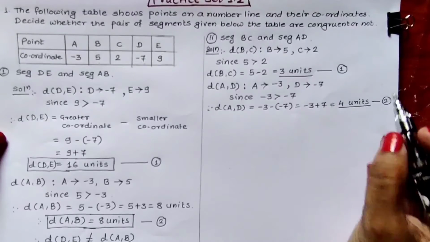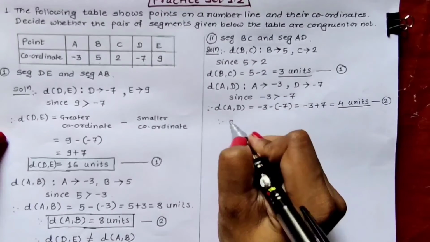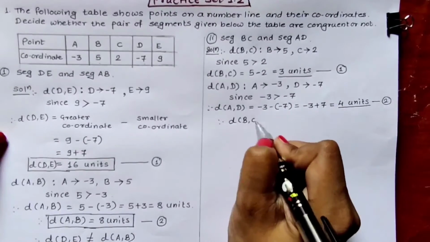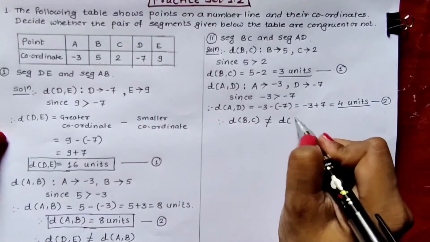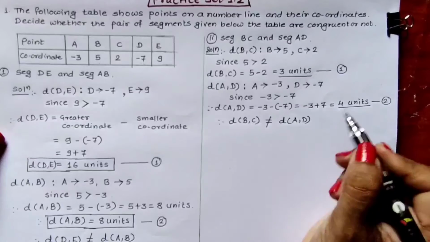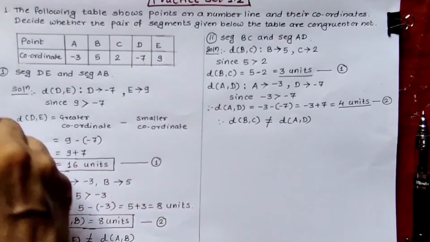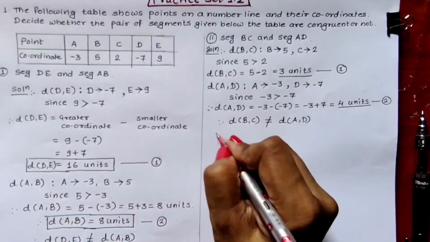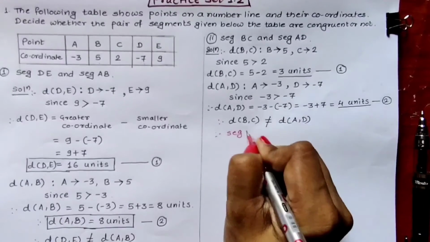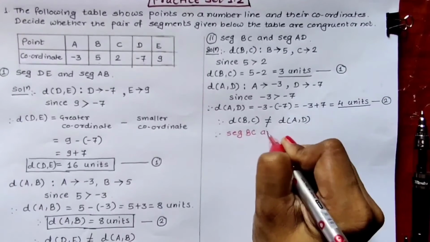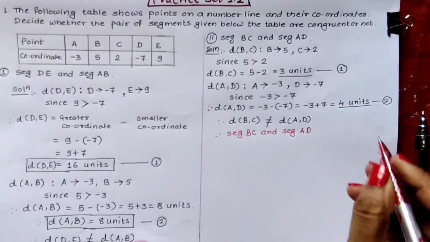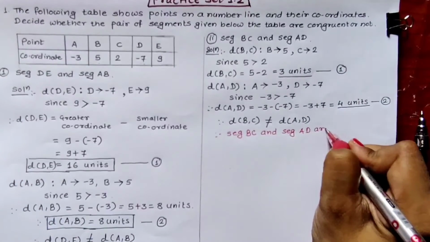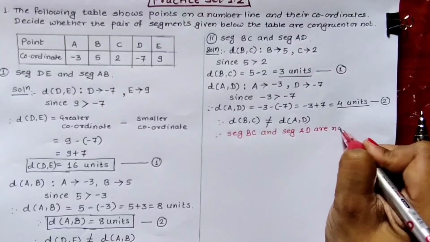That means they are not equal, and therefore distance BC is not equal to distance AD, and hence these two segments are not congruent either. Therefore segment BC and segment AD are not congruent.